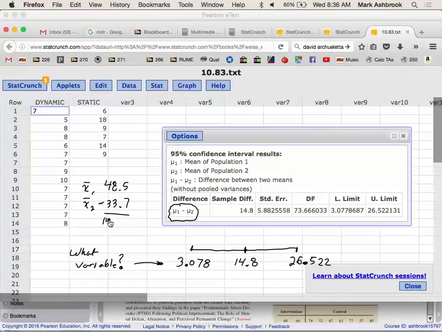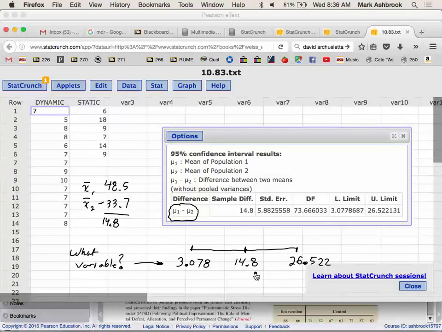So we're 95% confident that the difference in tumor size is between 3.078 and 26.522. We're 95% confident that the average difference between malignant and benign tumor size is at least 3.078 and at most 26.522 millimeters.